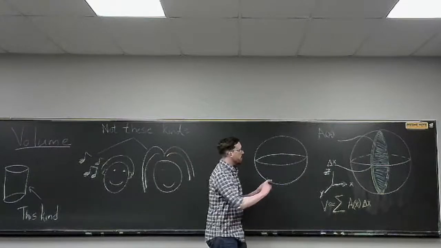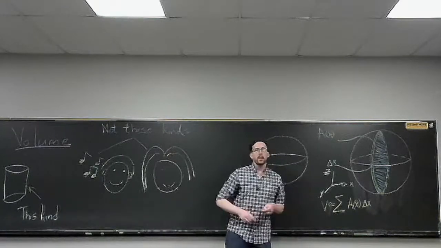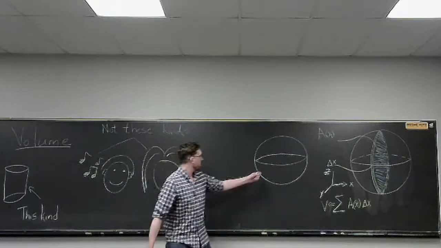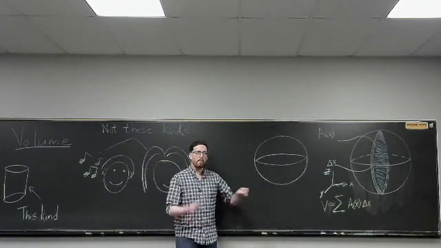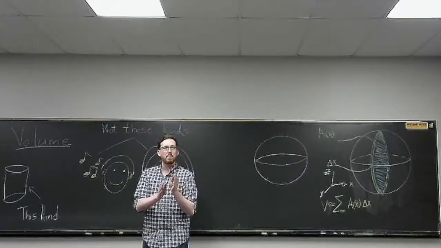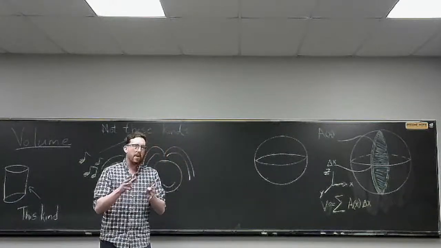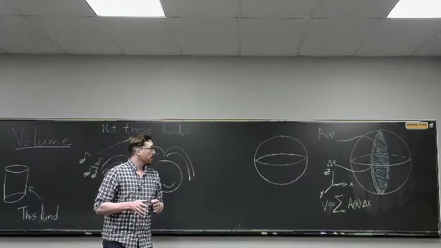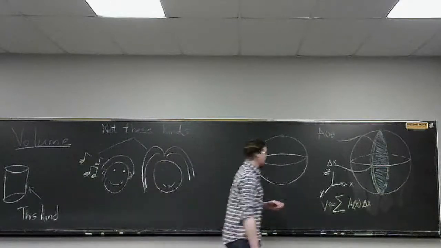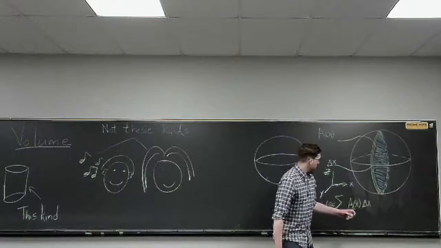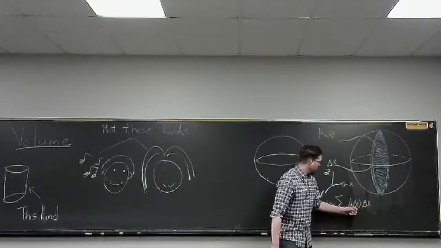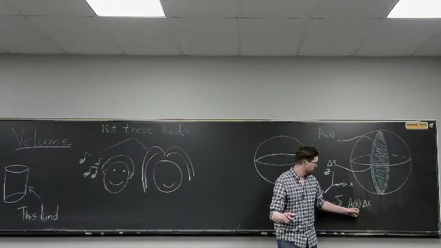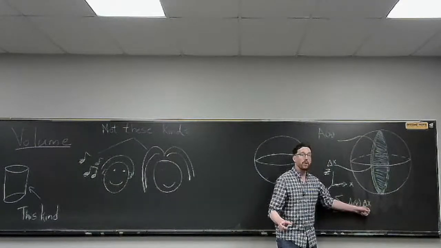Now, as we move along the x-axis, let's break up our solid with a bunch of disks. We're going to approximate slivers of our volume with disks. Those disks are going to have a volume equal to the cross-sectional area of each disk multiplied by the width of that disk.